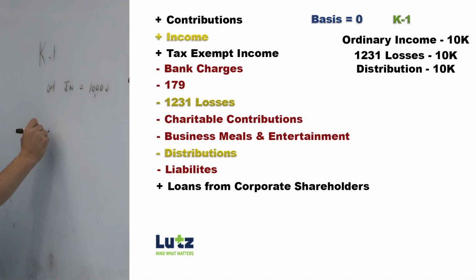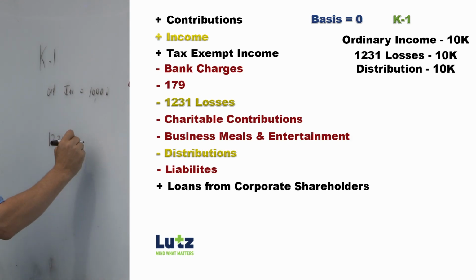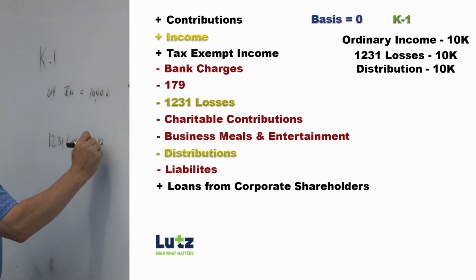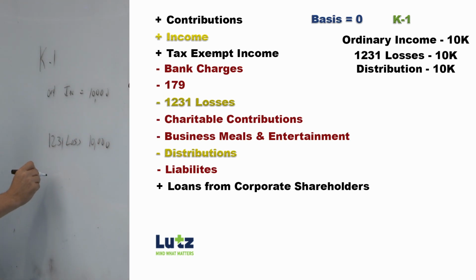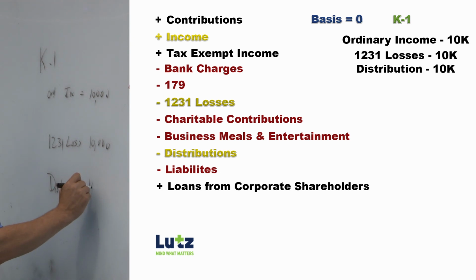And I have a 1231 loss of 10,000. And I have a distribution of 10,000.